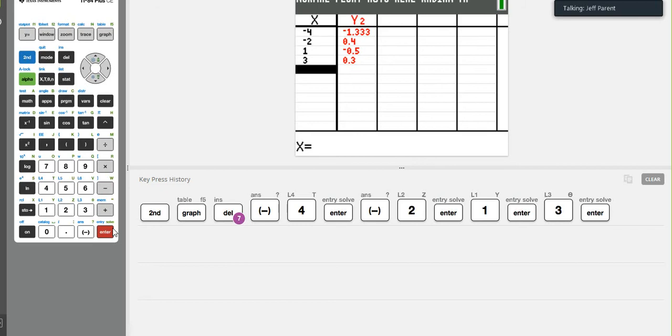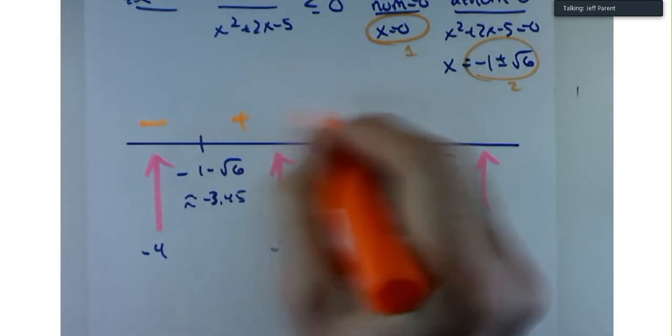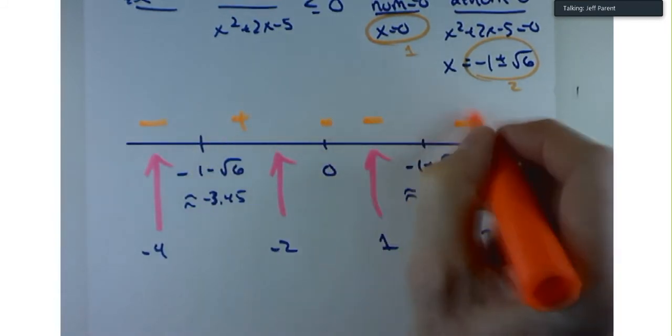Now the information I need out of here is not that I get -4/3 when I type in a -4, but that I get something negative. And it's alternating just like a lot of these do. Negative, positive, negative, positive.